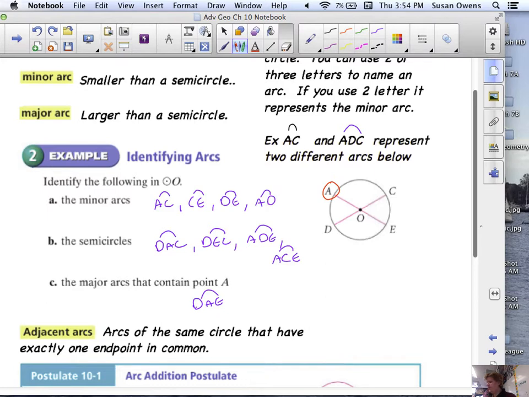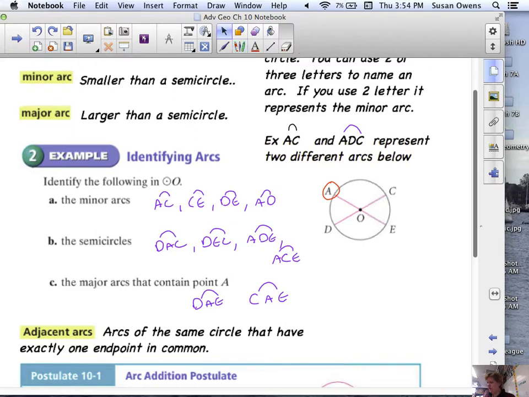So I have DAE, and then I can also do CAE. So 2 major arcs.